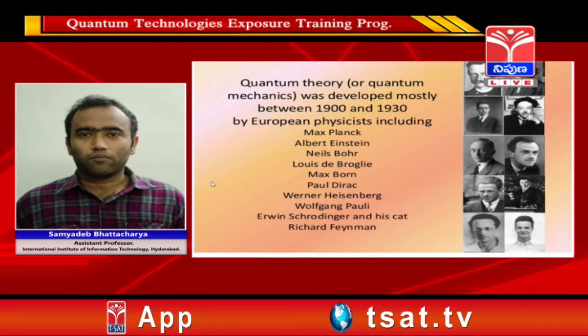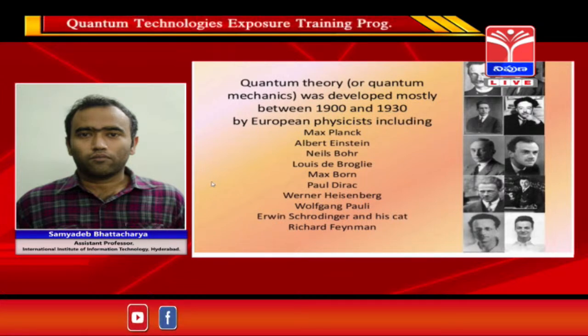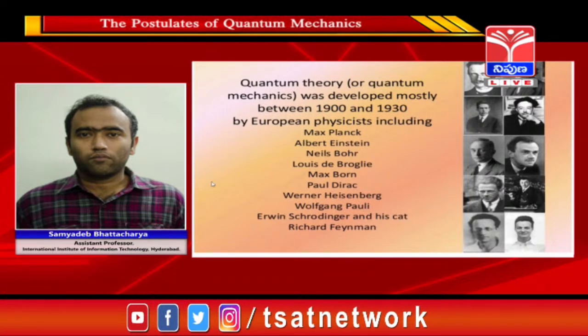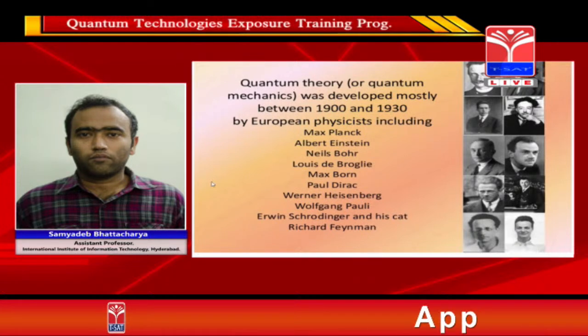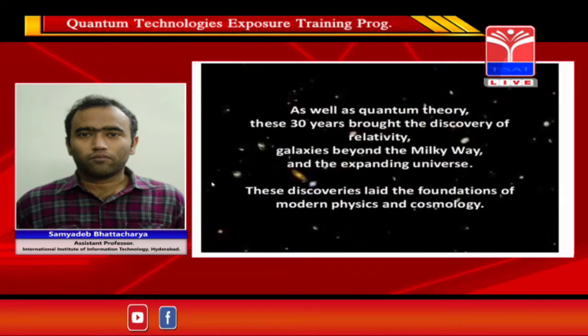There are also others; we have missed many others. These are the most prominent faces when we think about quantum physics. It all started from Max Planck and Albert Einstein, and then these people, along with many other brilliant scientists, developed the quantum theory.